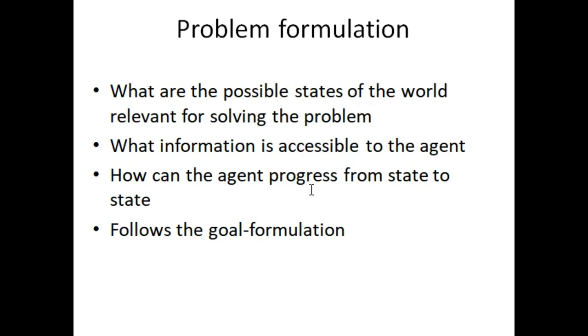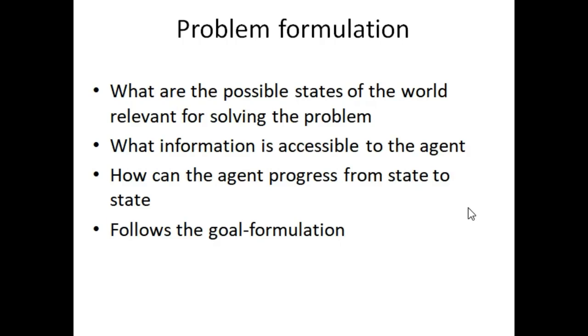Even within GT road, we have multiple paths. So how can our agent progress from state to state, from initial to final, and through all the intermediate states? Then it follows the goal formulation. We take care of these things, and we should know them beforehand in our functionalities.